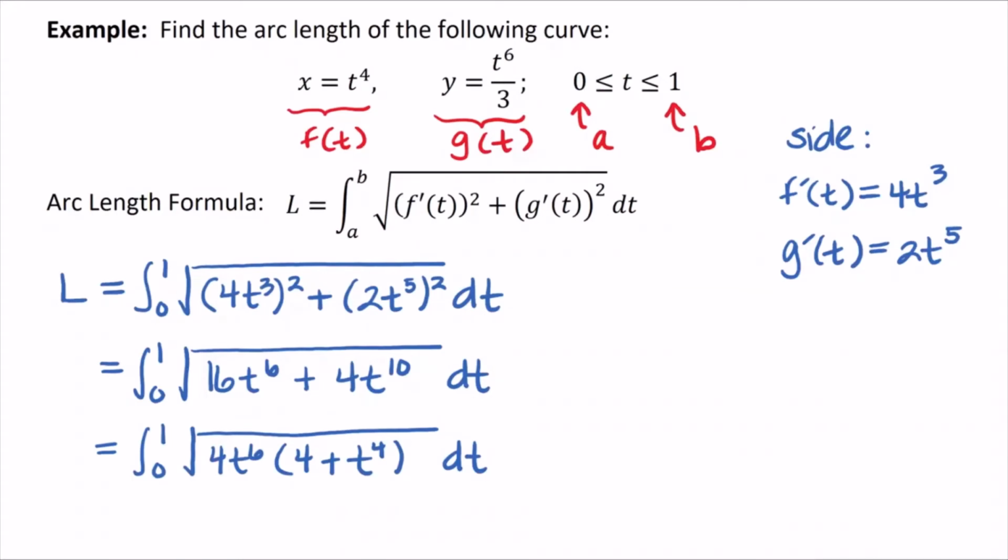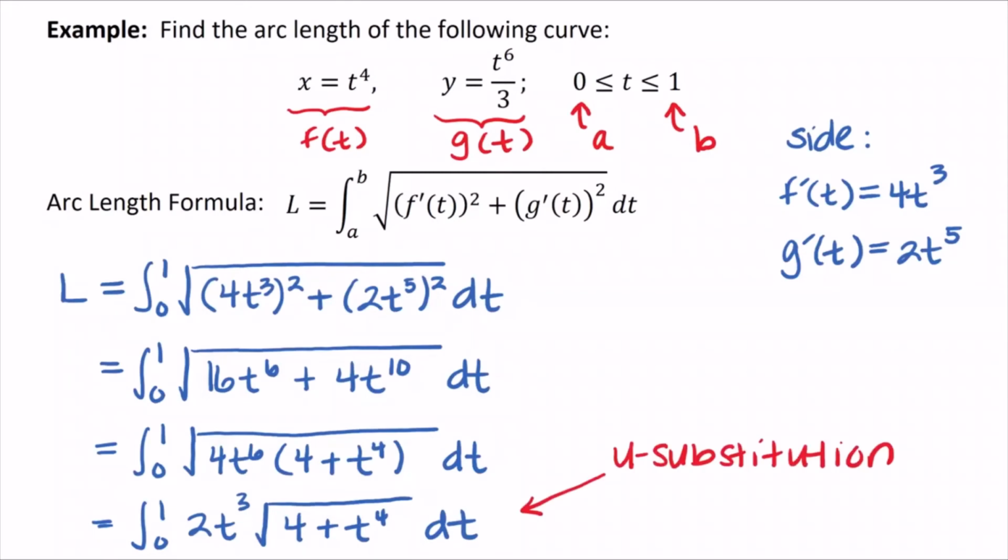This will give us the definite integral from 0 to 1 of the square root of the quantity 4t to the sixth times the quantity 4 plus t to the fourth dt, which will equal the definite integral from 0 to 1 of 2t cubed times the square root of the quantity 4 plus t to the fourth dt by distributing the radical over the product.